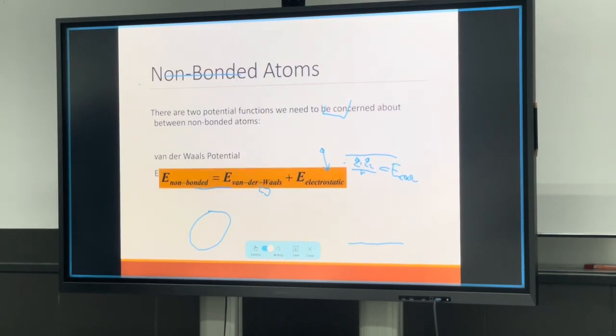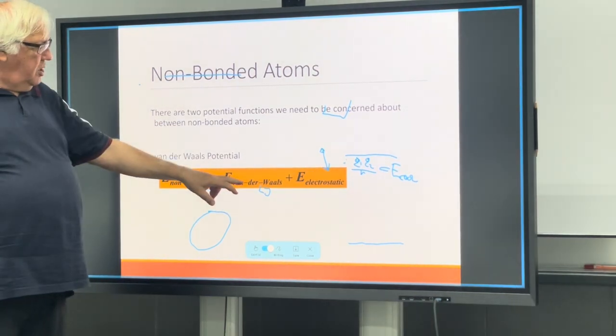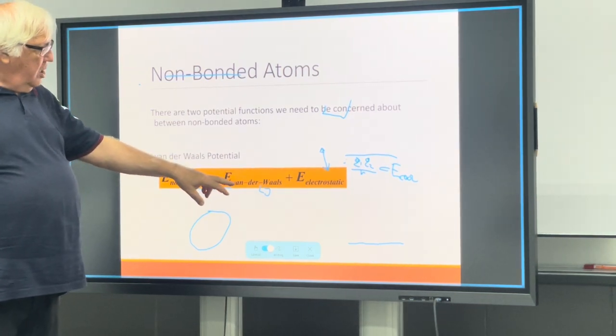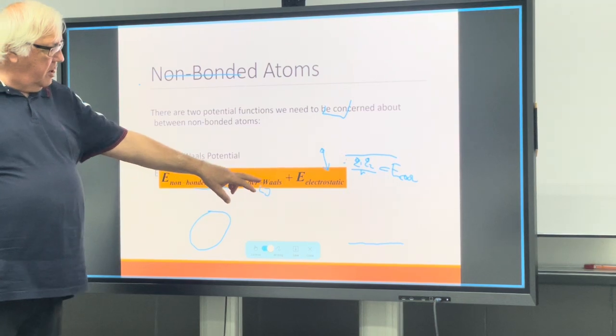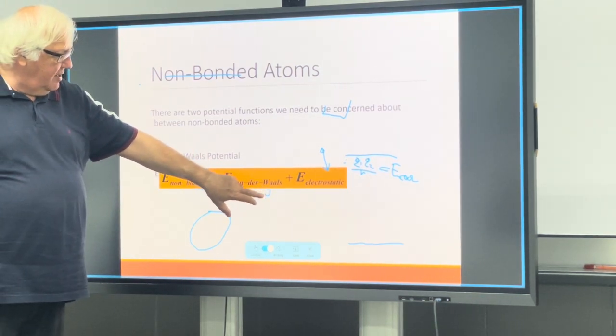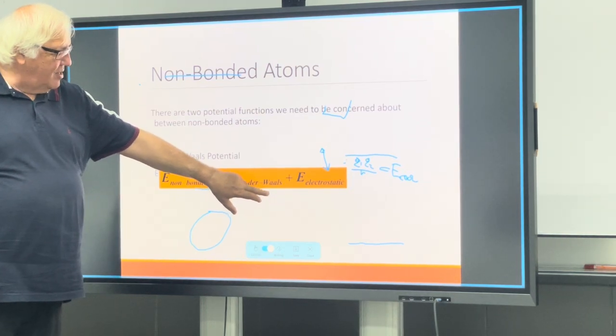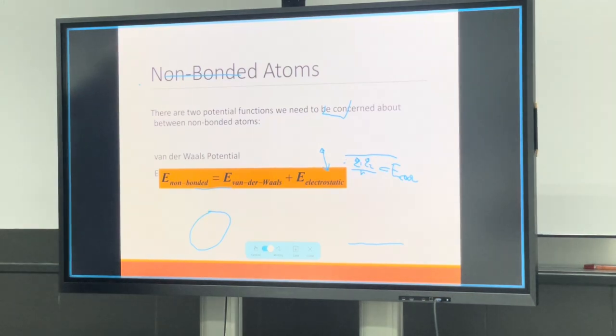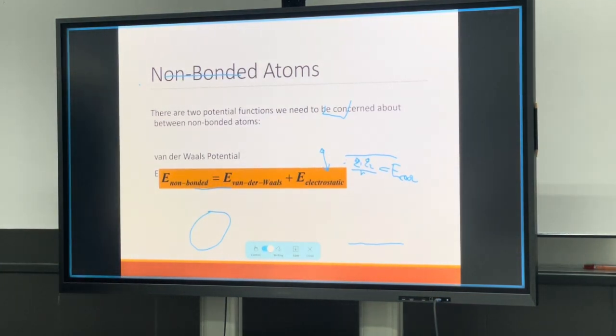For the non-bonded atoms, you have only two terms between the molecules, of course: the Lennard-Jones, which here is written van der Waals but which is sometimes called van der Waals, and the electrostatic interactions.